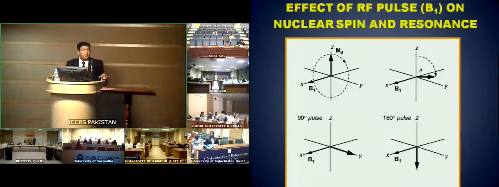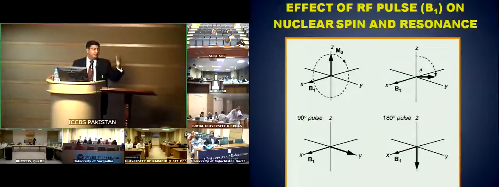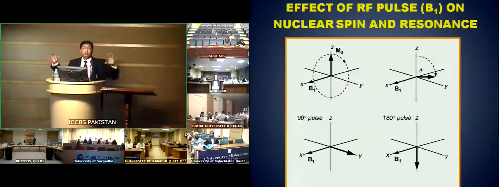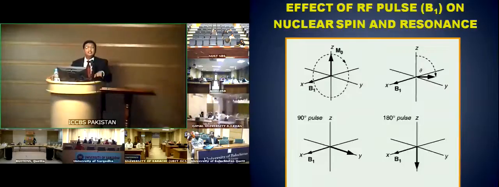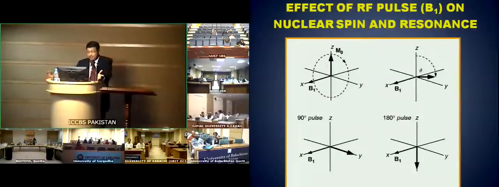If I want to bring this longitudinal magnetization vector onto the transverse plane, but onto plus X, where should I have my radio frequency oscillator?